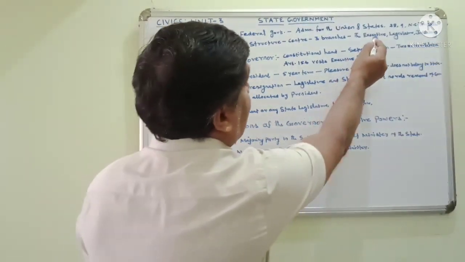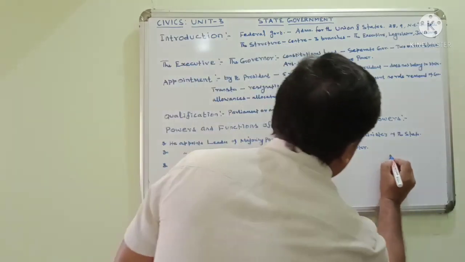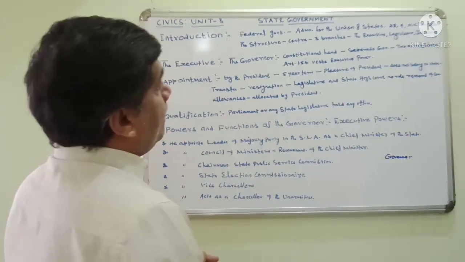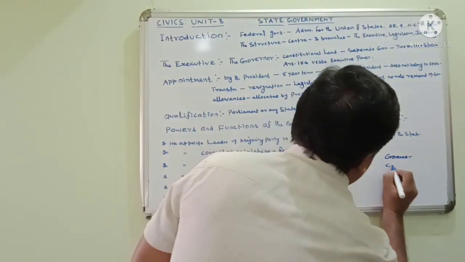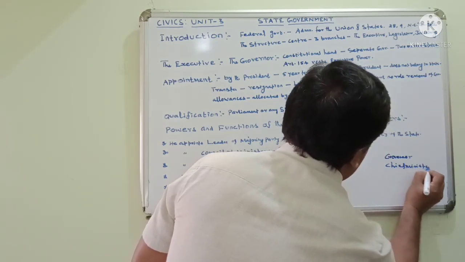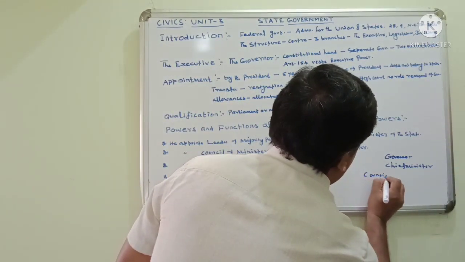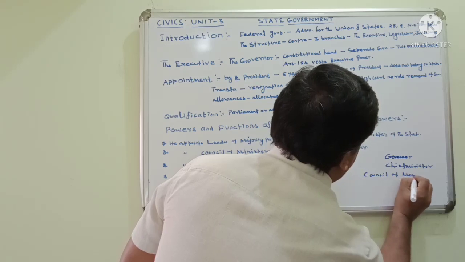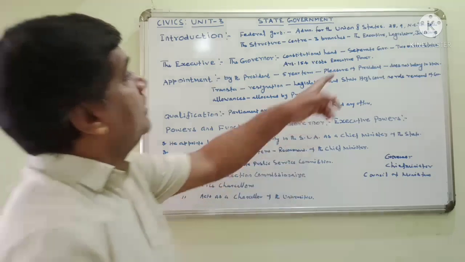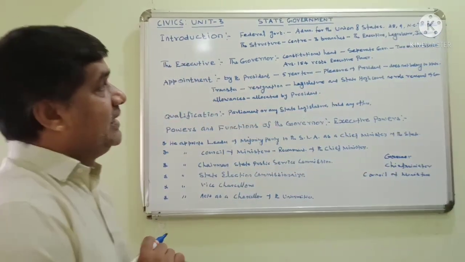The executive consists of the governor, chief minister, and the council of ministers.